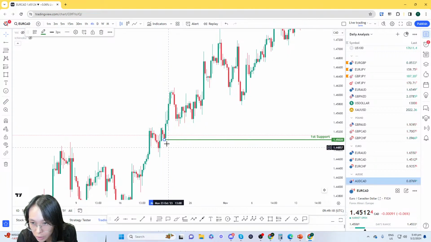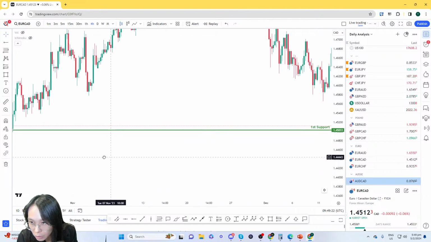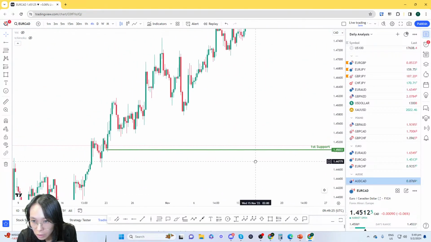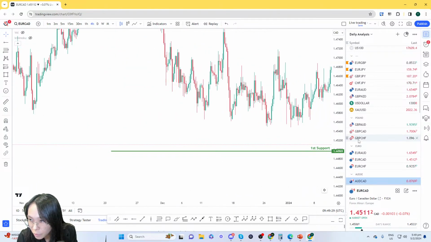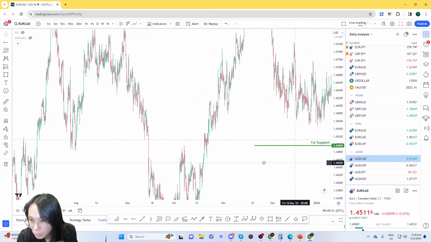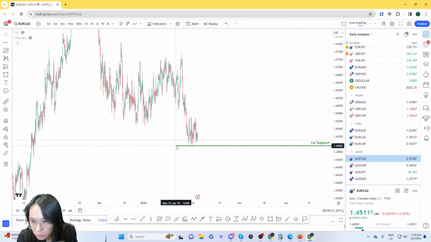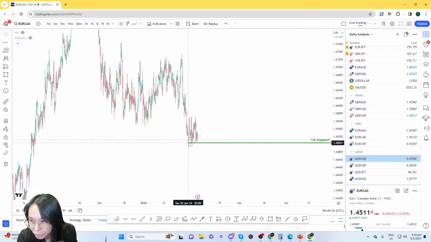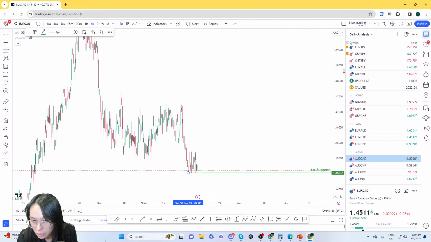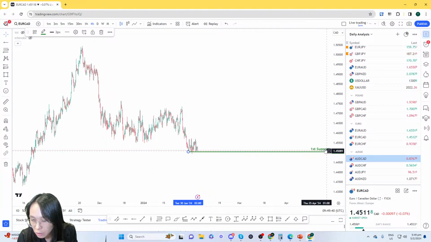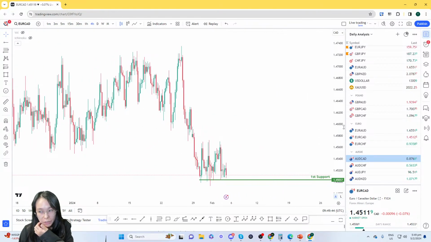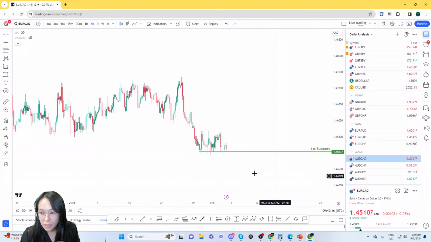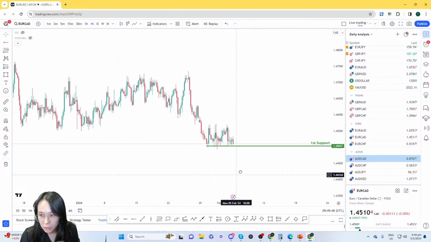I can connect to this small little pullback. I could also not connect them, it's a bit too long. Let me zoom out a bit. So this will be my first support, right below the current price. You can see that the current price is testing the support now.